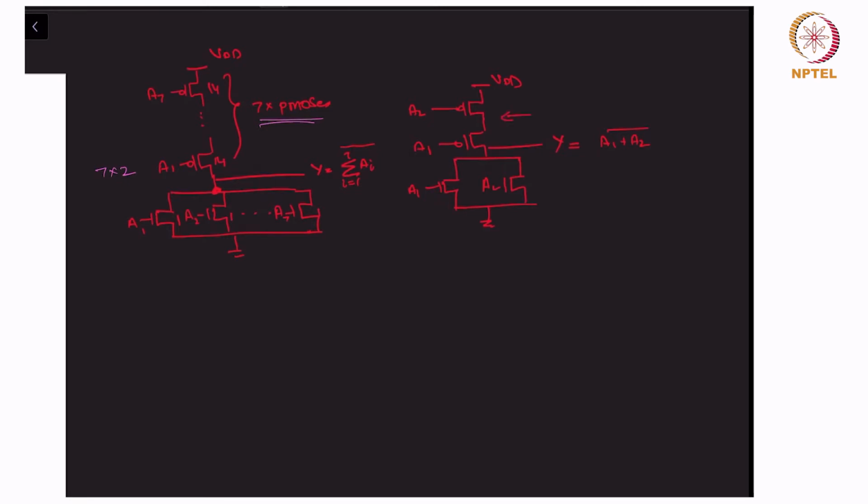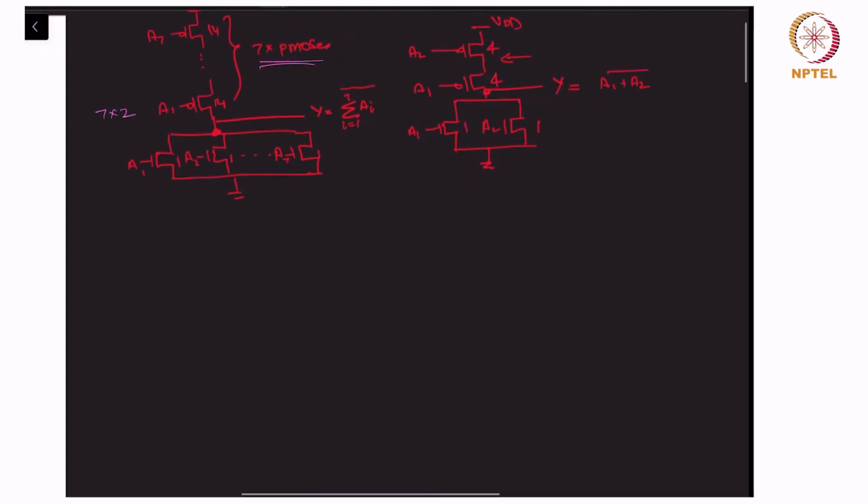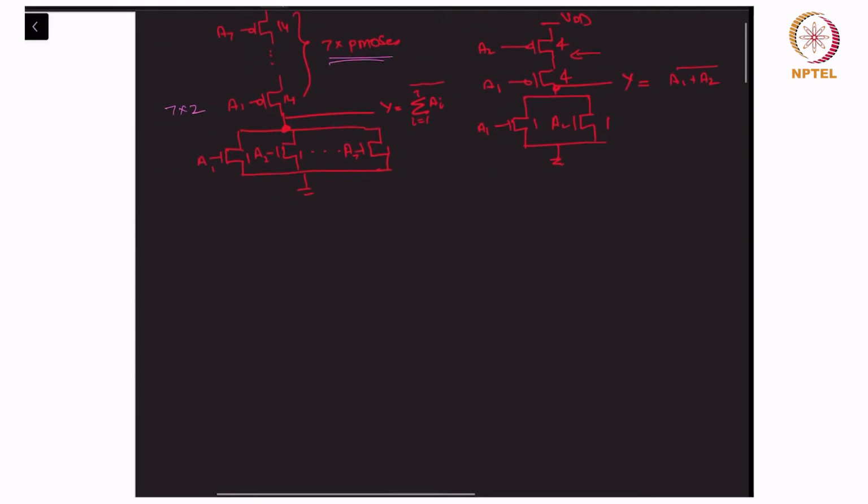Since it's a 2 stack here, it is 2 times the reference size. Reference size is 2, so this is 4. 2 into 2 is 4, and we have 1 over here. So the logical effort of any input would be the gate capacitance divided by the reference inverter's gate capacitance.